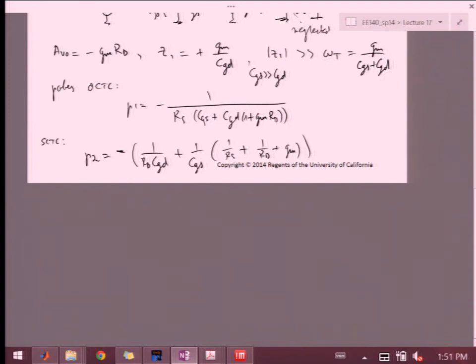If you take a look at this factor, gm over CGS, that is also approximately omega t. So what this meant is that the magnitude of P2 is also greater than omega t.